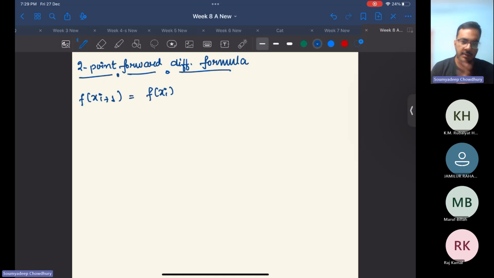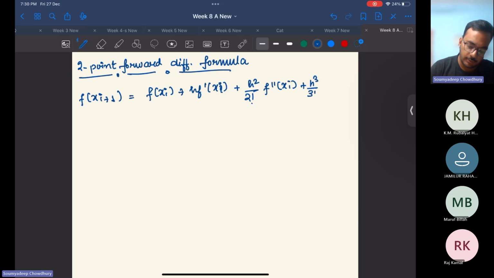So it is one step forward, right? So we write f of xi plus h f dash xi plus h square by 2 factorial f double dash xi plus h cube by 3 factorial f triple dash xi plus, like this it continues, right?